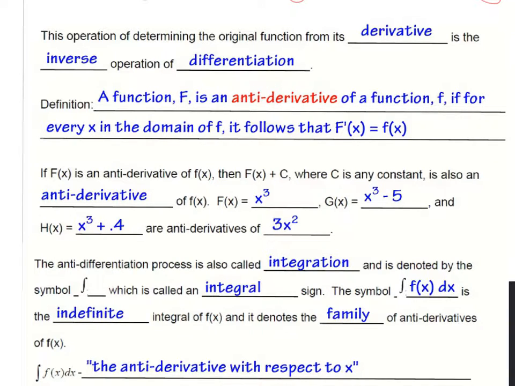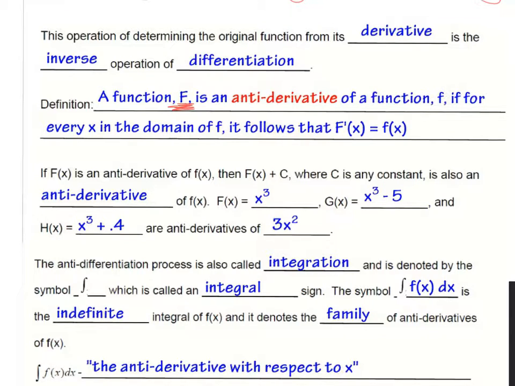So a function F, and notice this is capital F, is an antiderivative of a function little f, that's the original, for every x in the domain of the original f. So it follows that if you take the derivative of the antiderivative, you will get the original function.